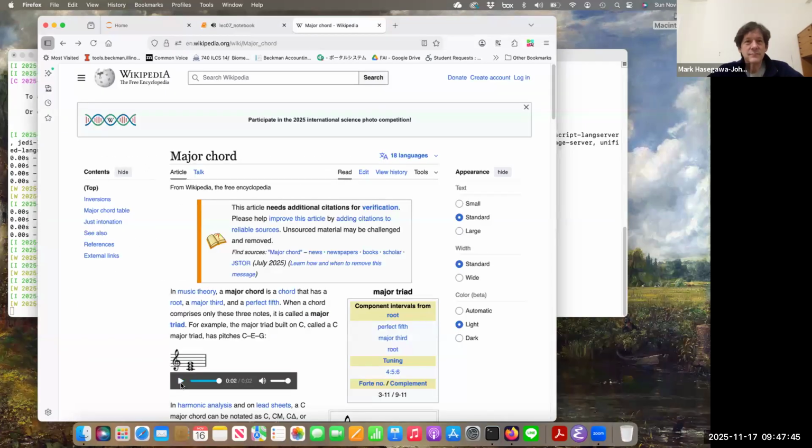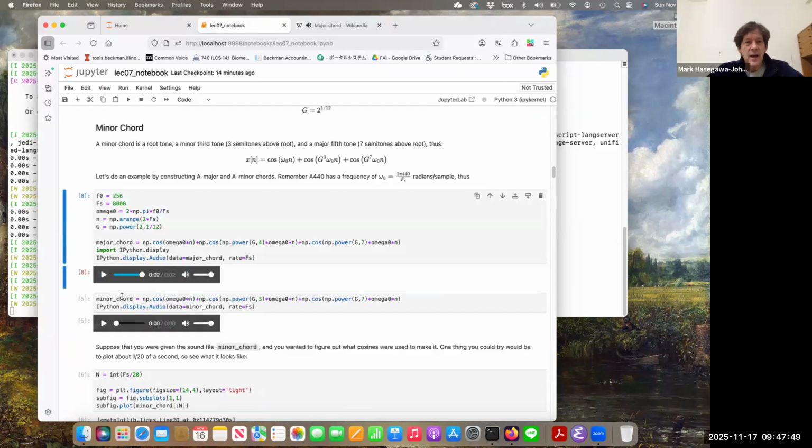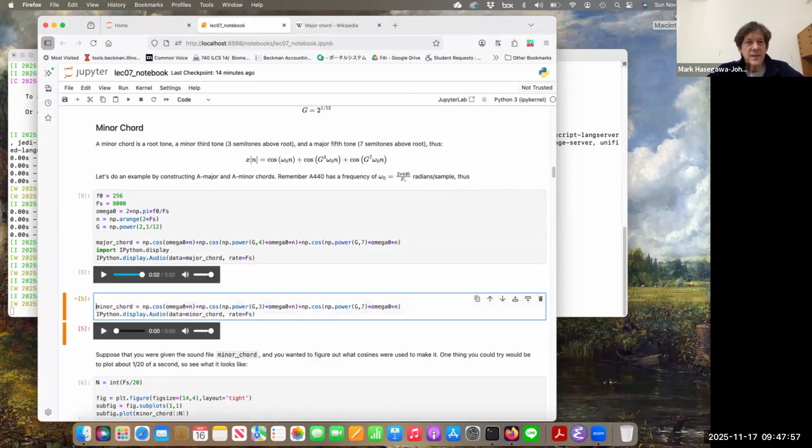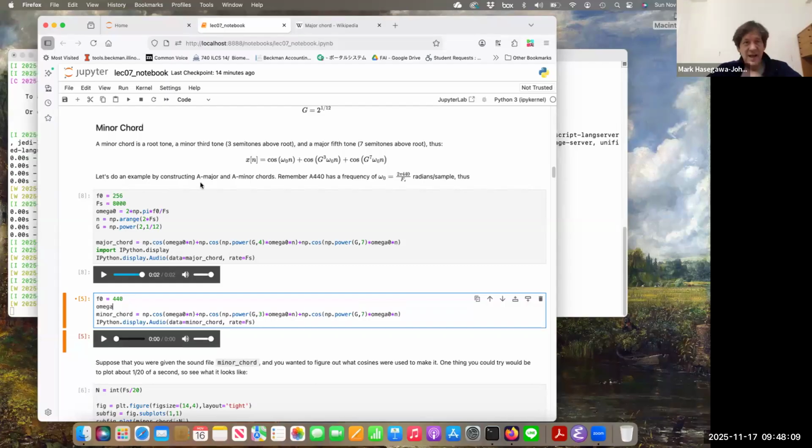All right. A minor chord is... let me change f naught here. f naught is equal to 440 to make it A minor. And omega naught will be 2 times pi times f naught over fs.